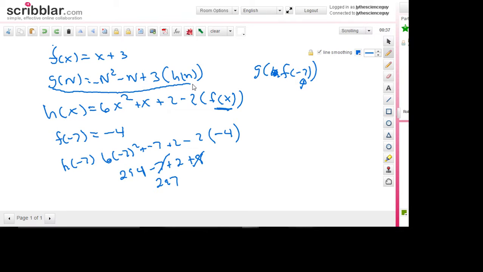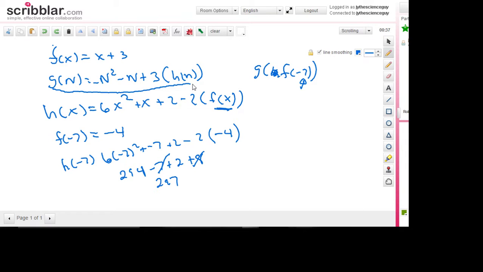That's the part you did wrong. Look, g of n is the exact same thing as f of negative 7. What is f of negative 7 equal to? Negative 4. It's saying that n is equal to negative 4.